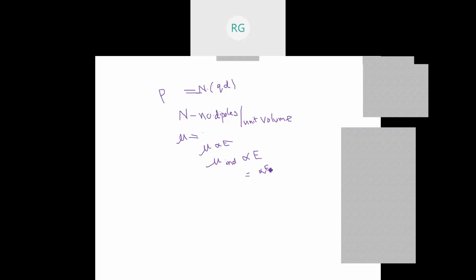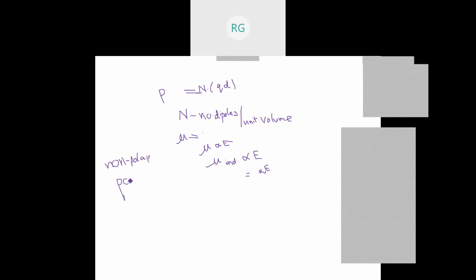We'll see more about this in the coming classes, because this dipole moment is responsible for differentiating the dielectric materials into two categories. Dielectric materials are of two types: one is non-polar dielectrics, which you might have studied already in earlier classes, and the other is polar dielectrics.